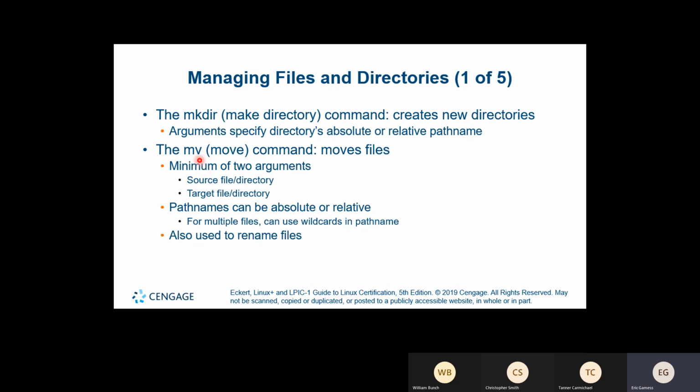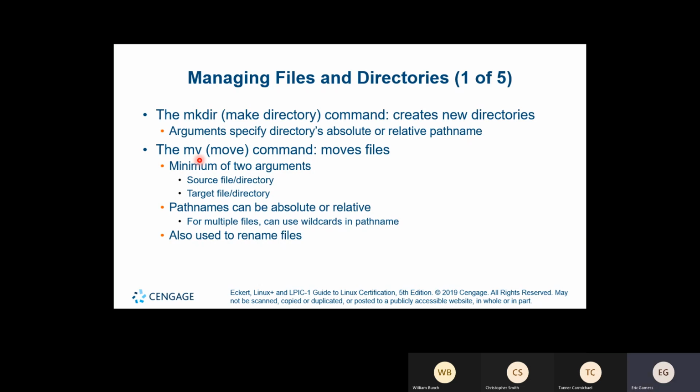The mv command will allow us to do what? To rename a file or a directory, or to move it to a different location. When we specify a path, we can work with a relative path or an absolute path. Relative paths are ones where maybe I start from my home directory, or maybe I start from my actual directory.